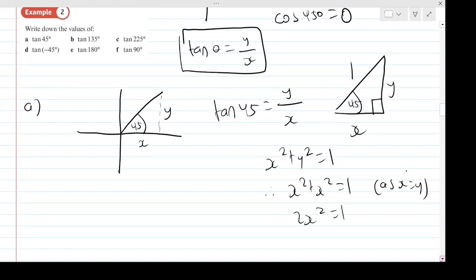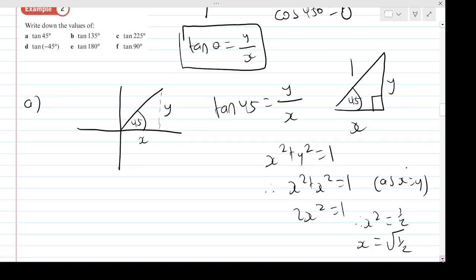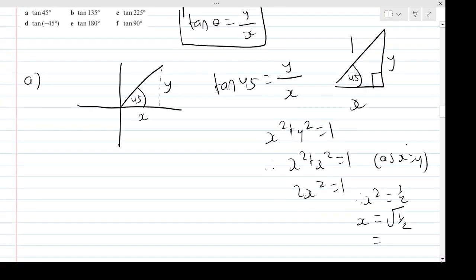And therefore x squared is a half. And then x is just the root of a half, which we can say is 1 over root 2, which we can rationalise if we want to root 2 over 2. So both coordinates are root 2 over 2 for the x and the y part, because they both have to be the same if the angle's 45, if it's in the middle, right?